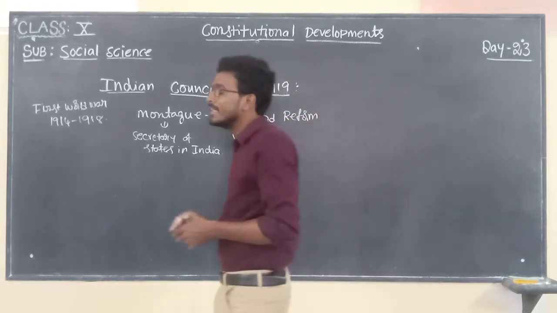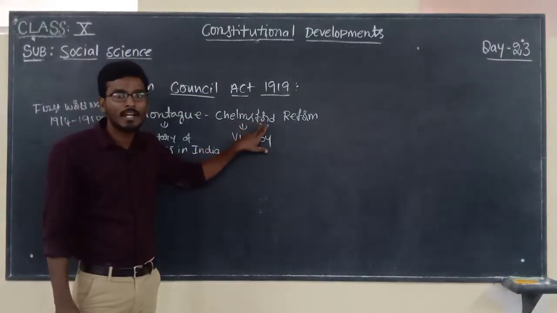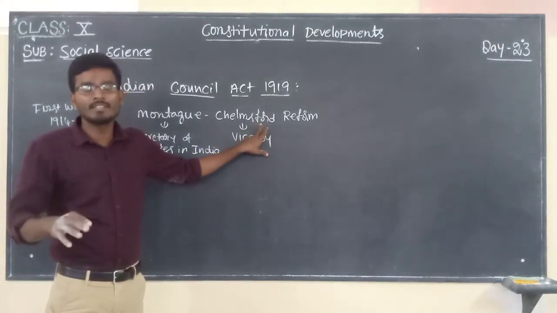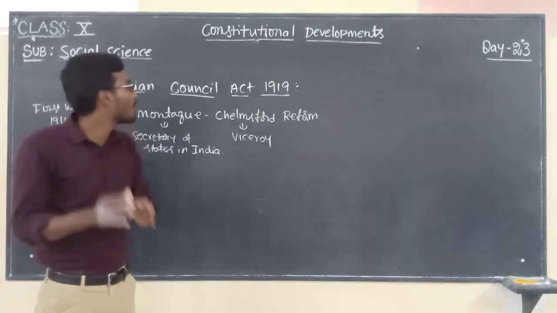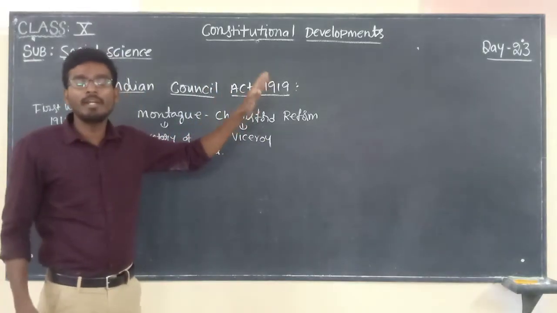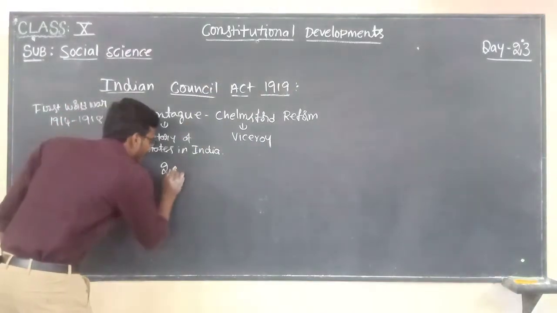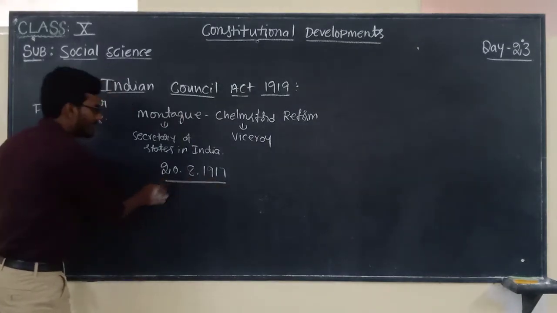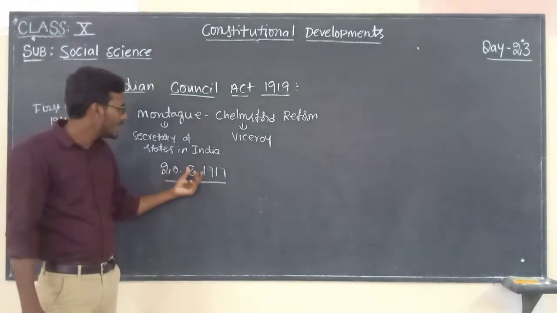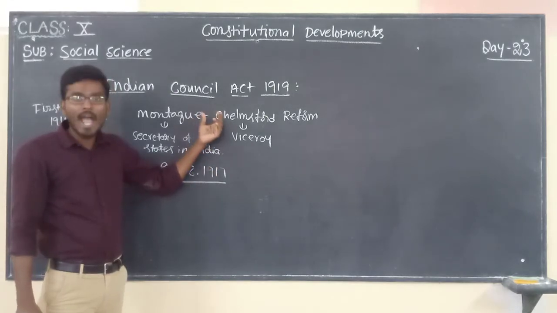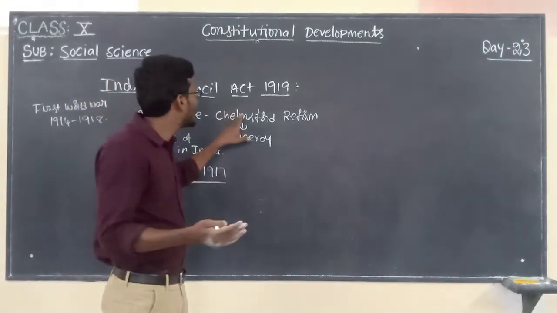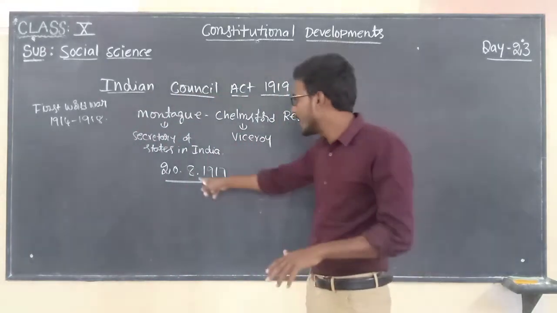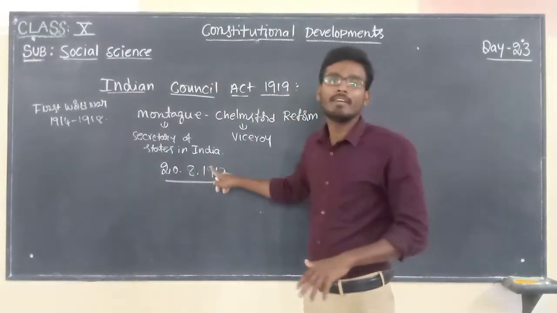And more importantly, Chelmsford was the Viceroy at that time. He argued in the British Parliament in favor of Indians, and he brought this act in the British Parliament on 28 1917. The reformations by Chelmsford were kept in front of the British government on 28 1917.